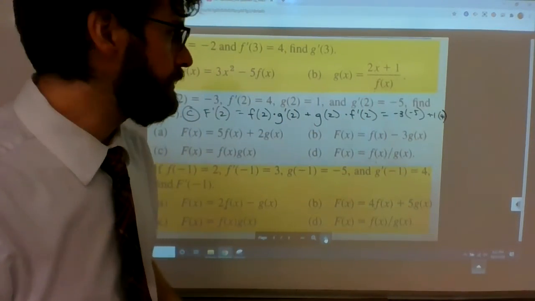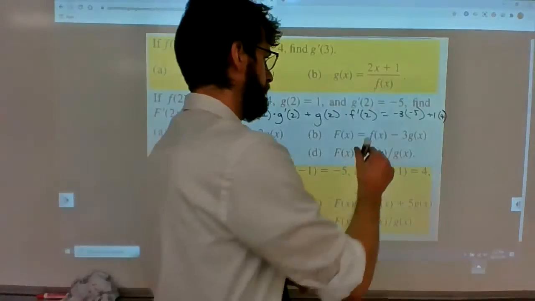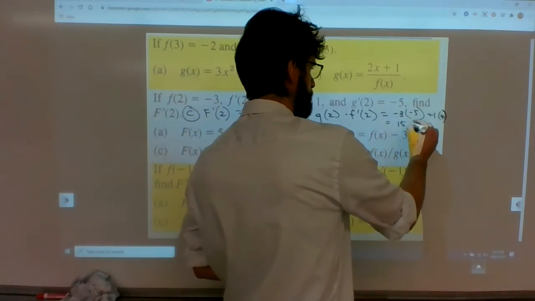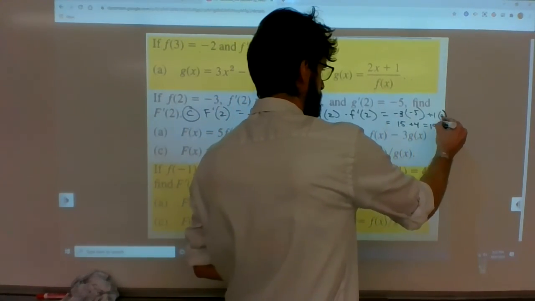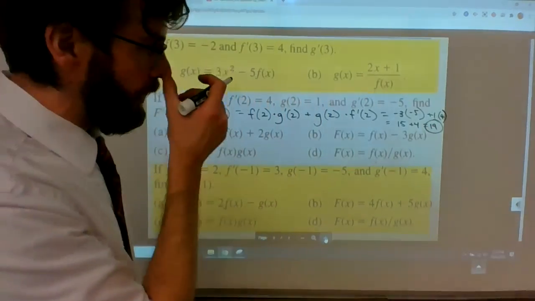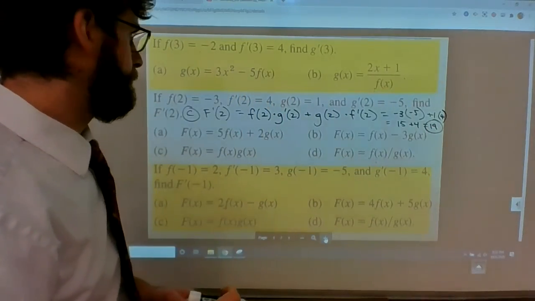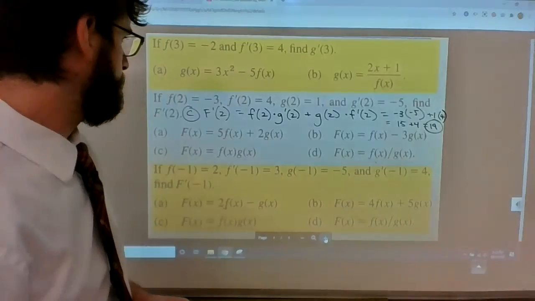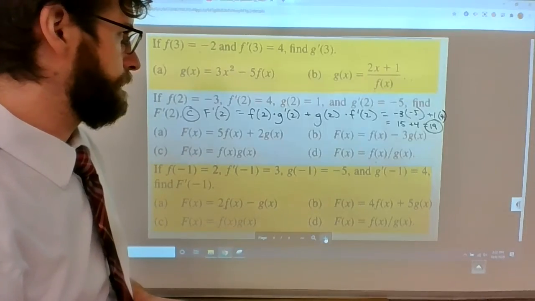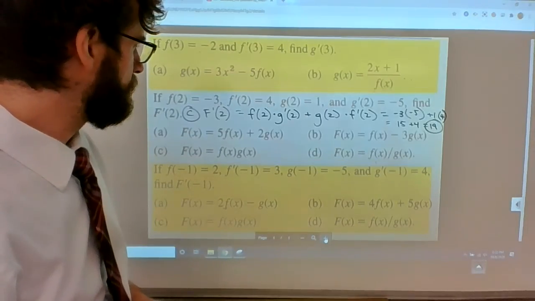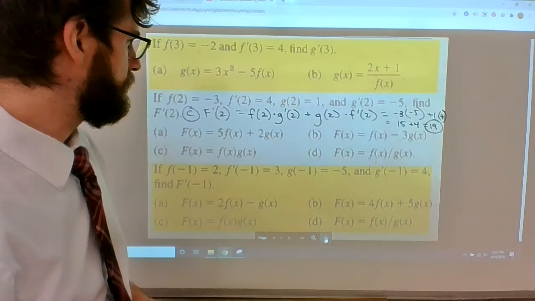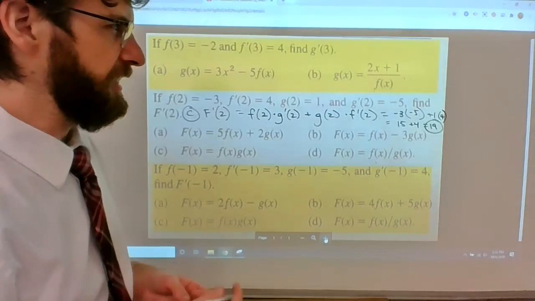Should be 15 plus 4. C should be 19 as well. Is that right? I think so. Looks good.